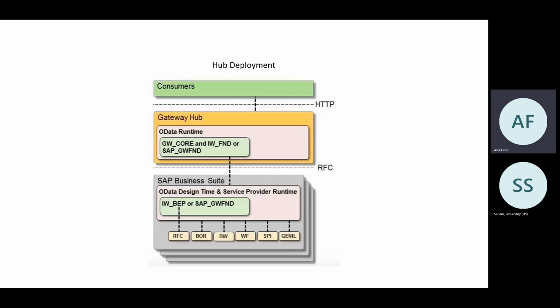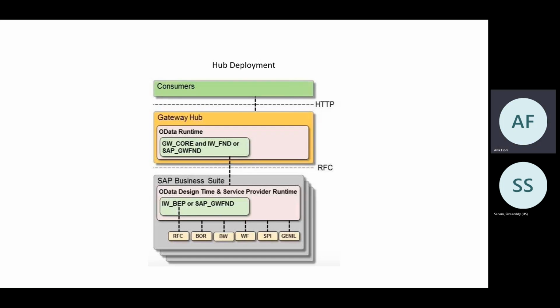After the gateway hub, you have SAP Business Suite, where you will write your OData design time. Your services will be created in your SAP Business Suite, which is nothing but your backend system, where we will have components like IW_BEP or SAP_GWFND.